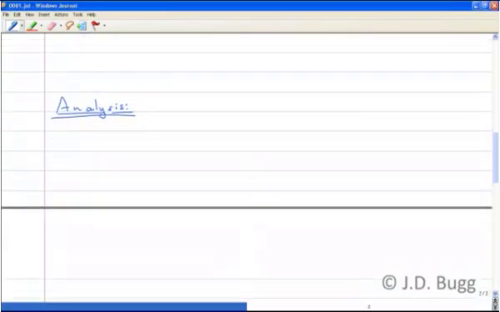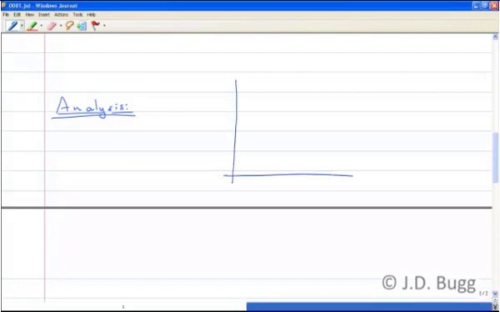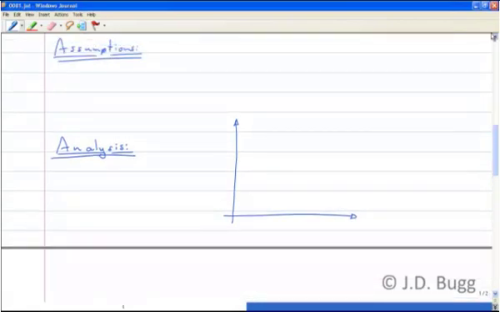So the analysis is going to begin with a PV diagram. And this is especially critical to figure out what this pressure ratio of 5 means and what point is the maximum temperature, which we were also given.